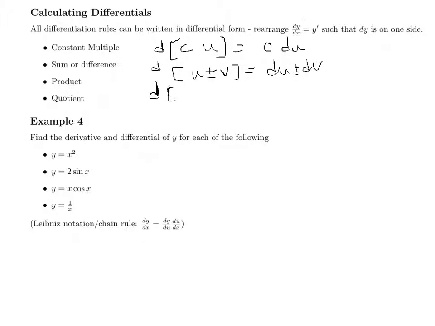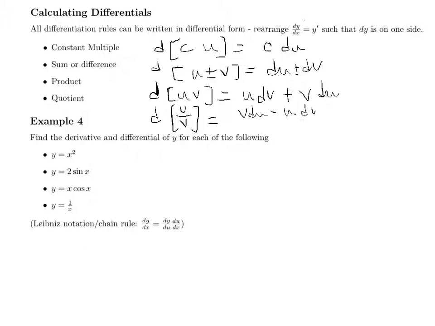If you're looking at the product of two functions, you have to use the product rule here. So you'll get u dv plus v du. And then same thing with a quotient. U over v gives you v du minus u dv over v squared.